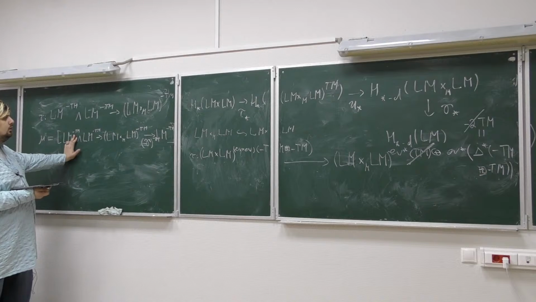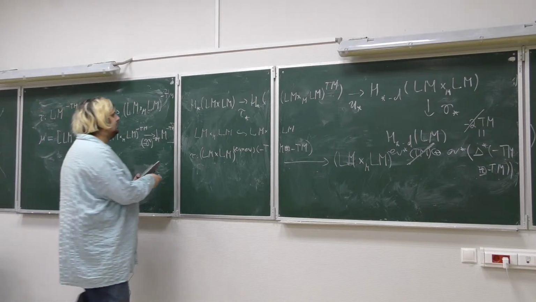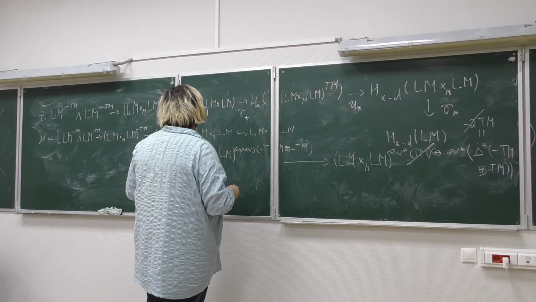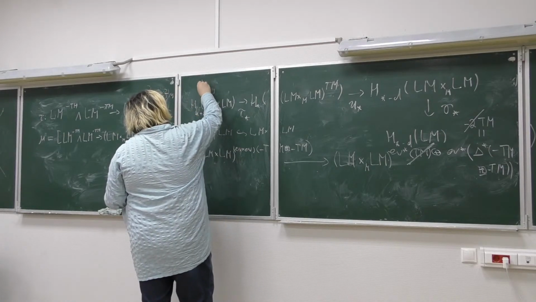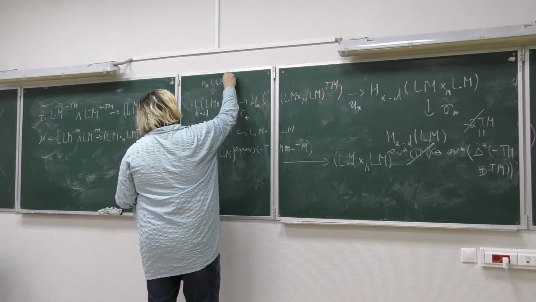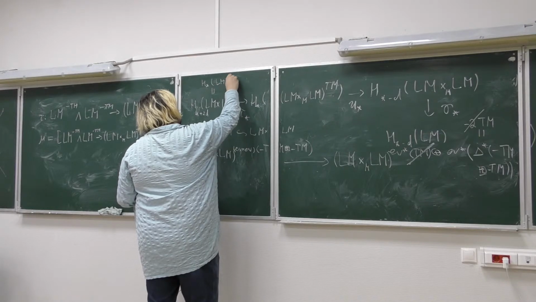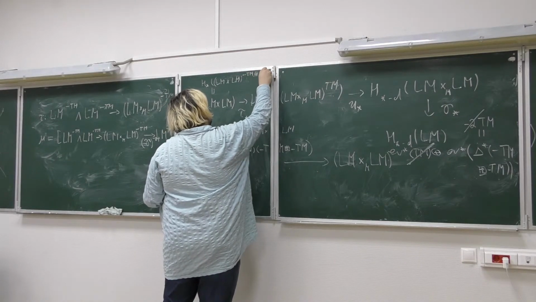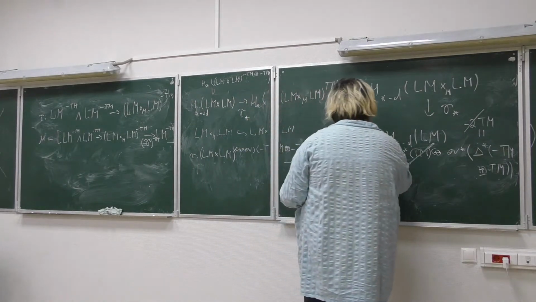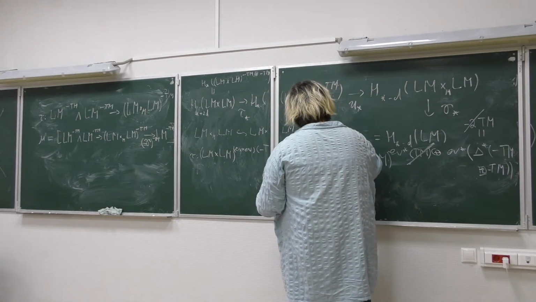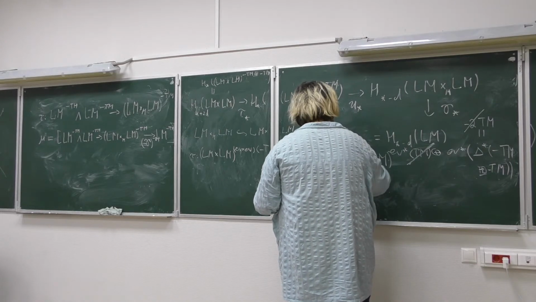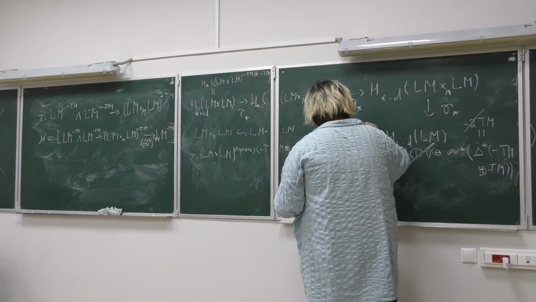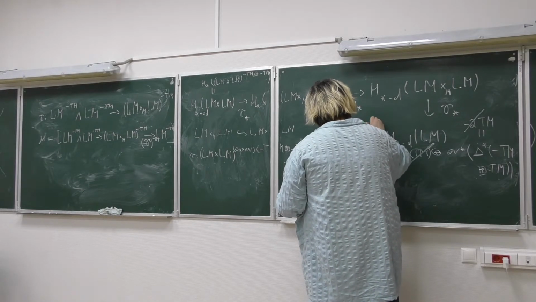If we have Lm, so I think we should, plus 2d, should be equal to... I'm not sure that I'm writing it correctly here, but I think it should be something like that.